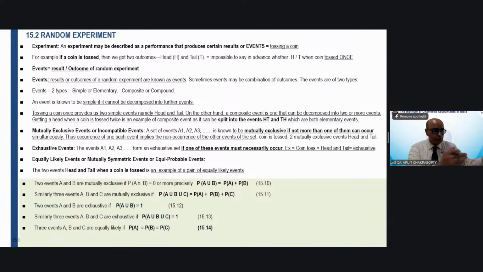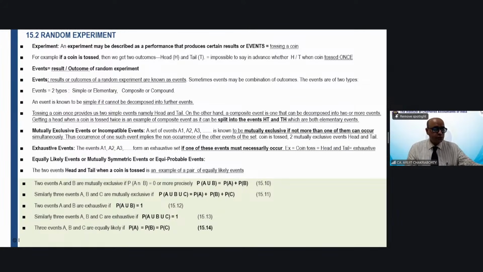Finally, for each of these concepts, mutually exclusive, exhaustive, and equally likely, we are also learning the corresponding formula which we have to use for solving problems. So you can see here for the mutually exclusive events, both for two events and three events, we have the formula.